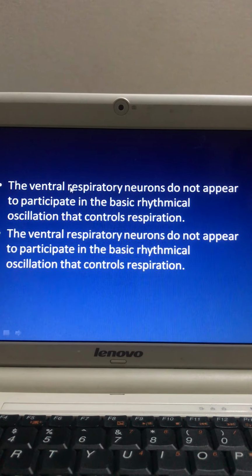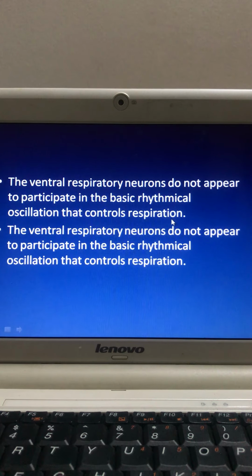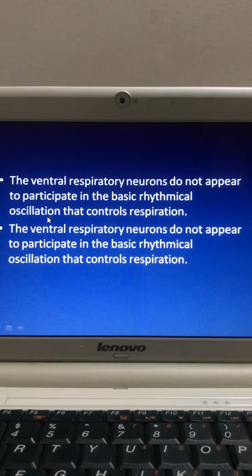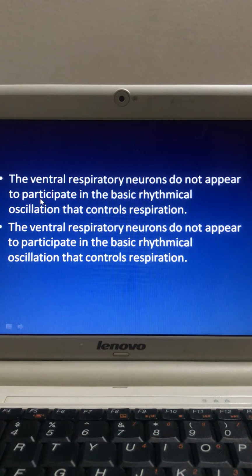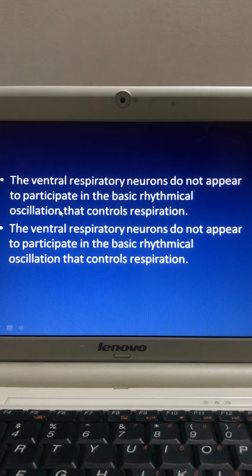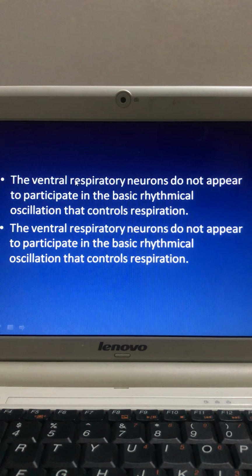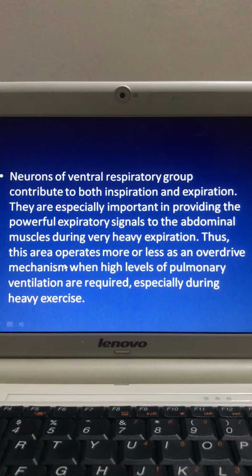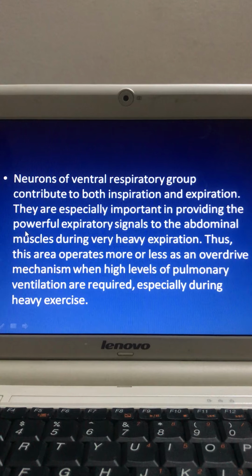That means the ventral respiratory group does not participate in the basic rhythmical oscillation. The basic rhythm of respiration is performed by the dorsal respiratory group of neurons.